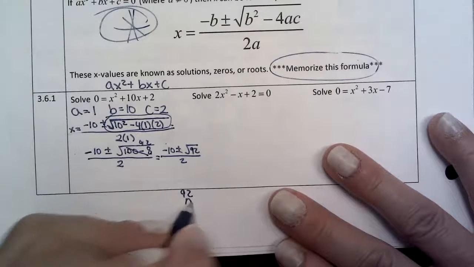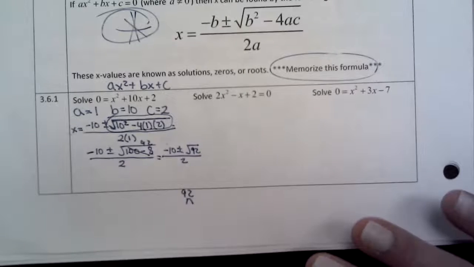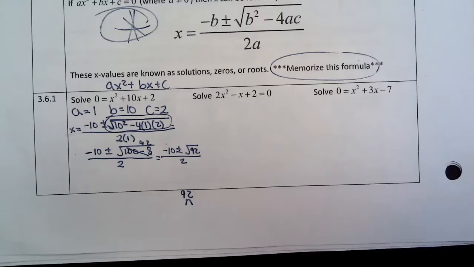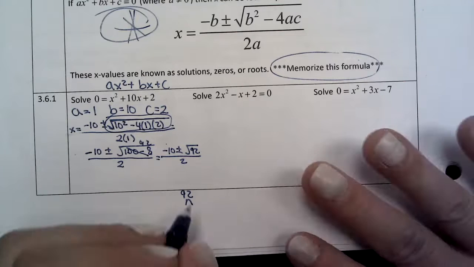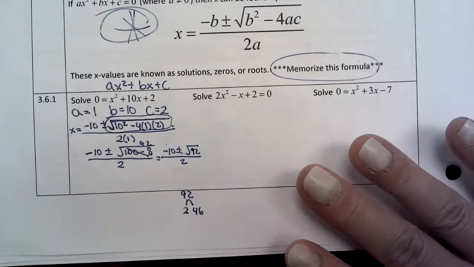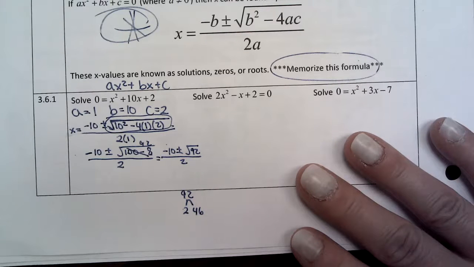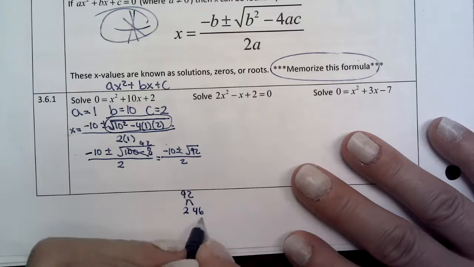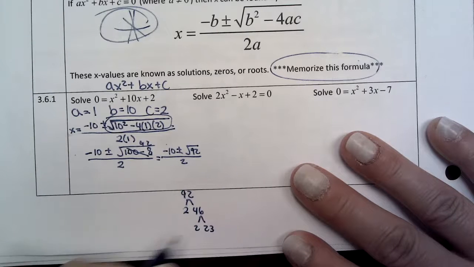So I'm going to take 92 and I'm going to do my little Christmas tree or my ladder, and I'm going to simplify it. Okay, so 92, I always like to start divided by 2, unless you know something else that it's divisible by. So 2 and 46. So 46 is divisible by 2 and 23.